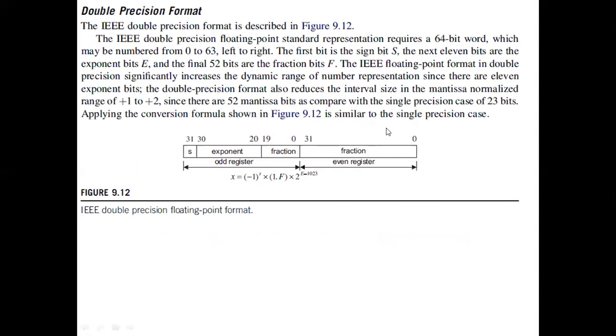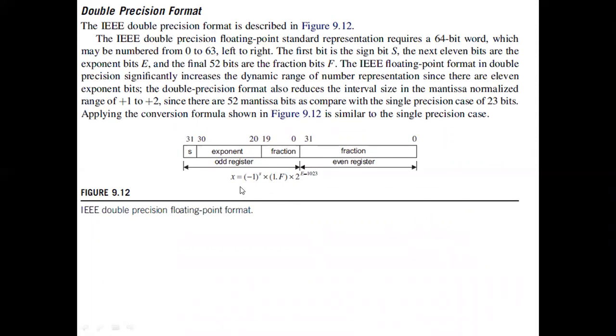Whereas in double precision the fraction part is 0 to 31, so this is totally a 64 bit representation. You can see there is a larger exponent and a larger fraction part, which gives you a larger range.